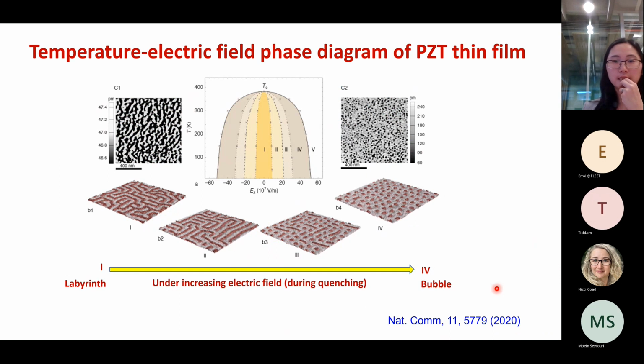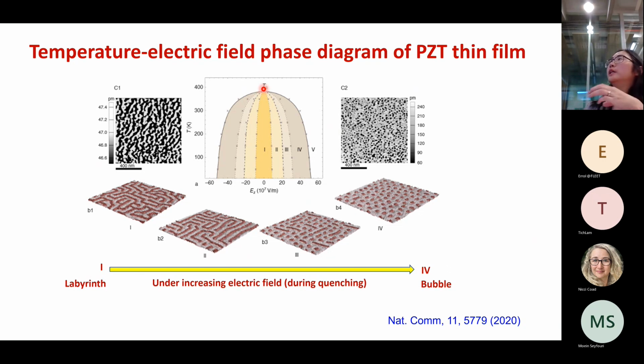Okay, another one, this is also work based on theoretical work. In this work, what they have done is keep the sample above the Curie temperature. Above the Curie temperature, the ferroelectricity disappears.